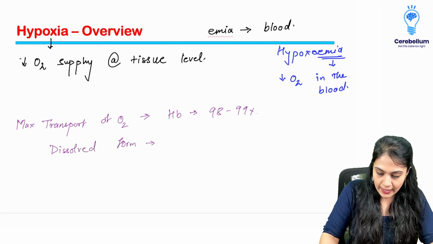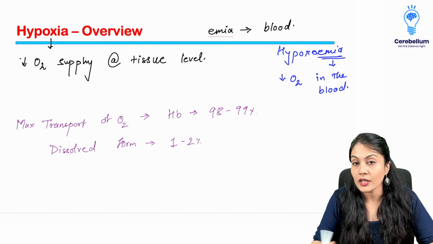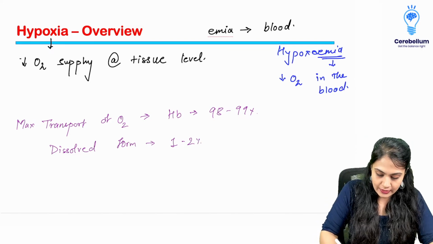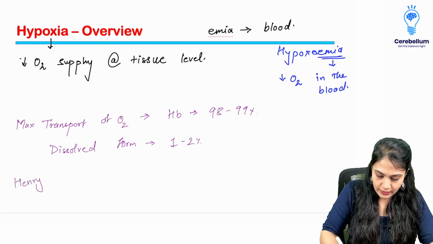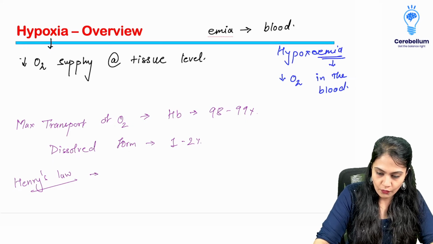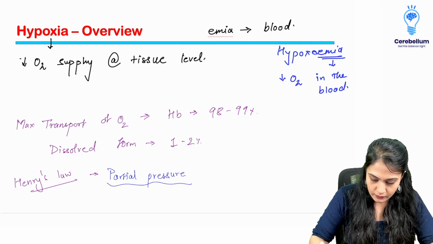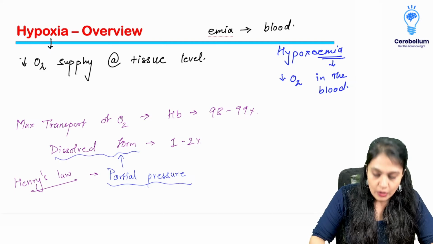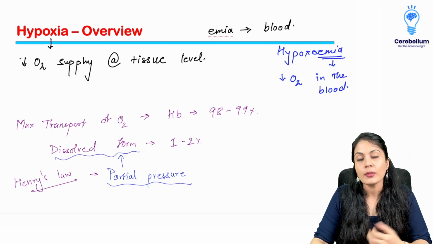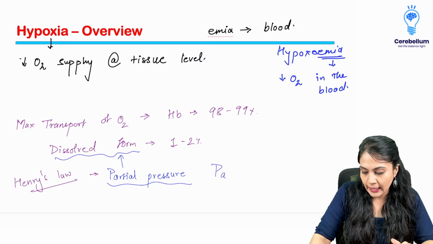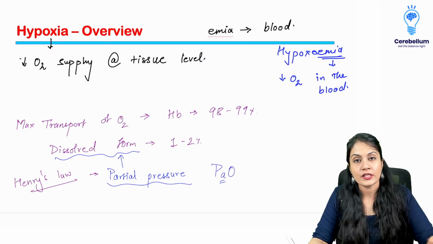But there is another form which is going to be very important, that is the dissolved form. In the dissolved form, I agree that only 1 to 2% of the oxygen will be transported, but according to Henry's law, the partial pressure of any gas is dependent upon the dissolved form. So this form is very, very important. Why? Because when I write PaO2, the small a is always for arteries.